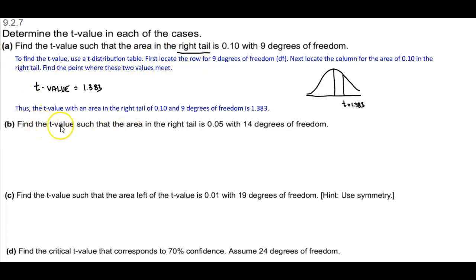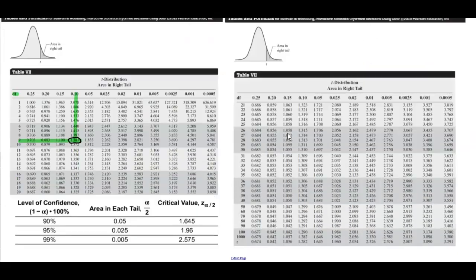Now, in Part B, it says find a t-value such that the area in the right tail is 0.05 with 14 degrees of freedom. So now we look for 14 degrees of freedom with an area of 0.05 in the right tail. Here's 14 degrees of freedom, and then we have the area of 0.05.